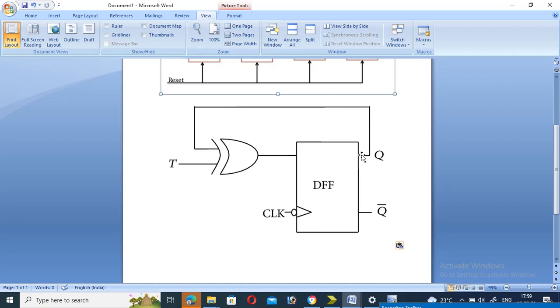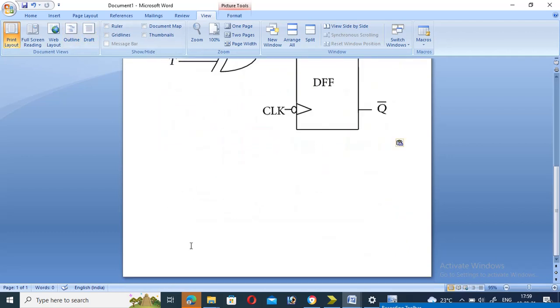So let us analyze, first considering Q equal to 0 and T equal to 0.